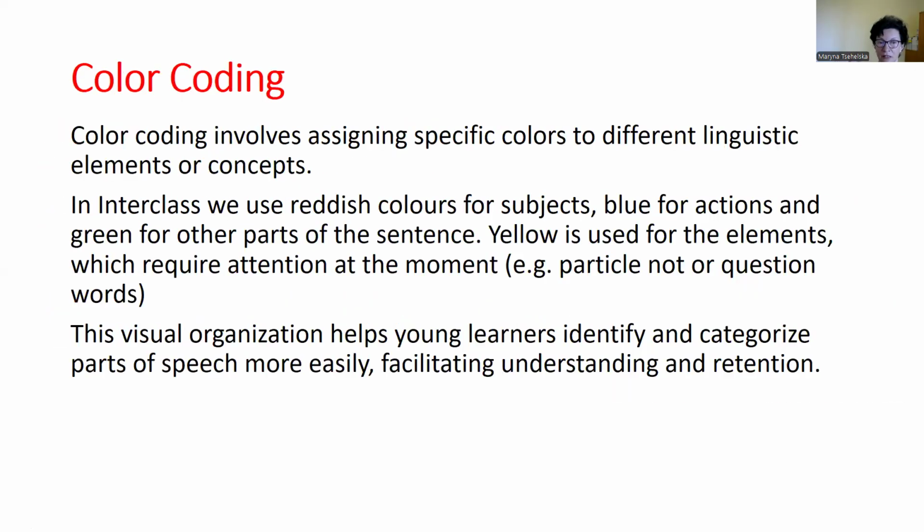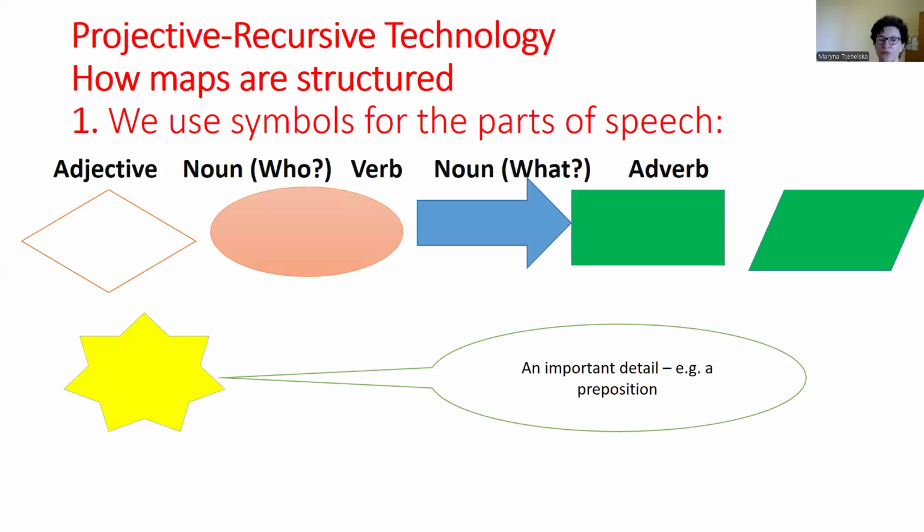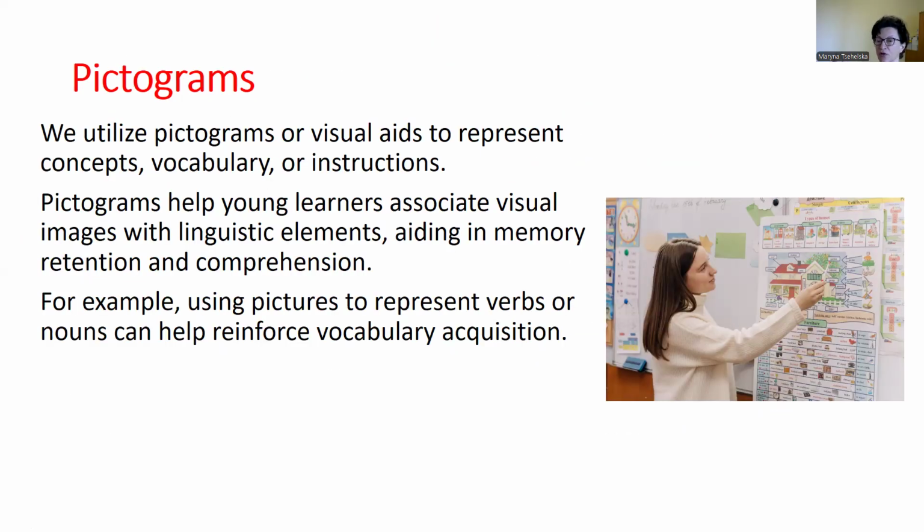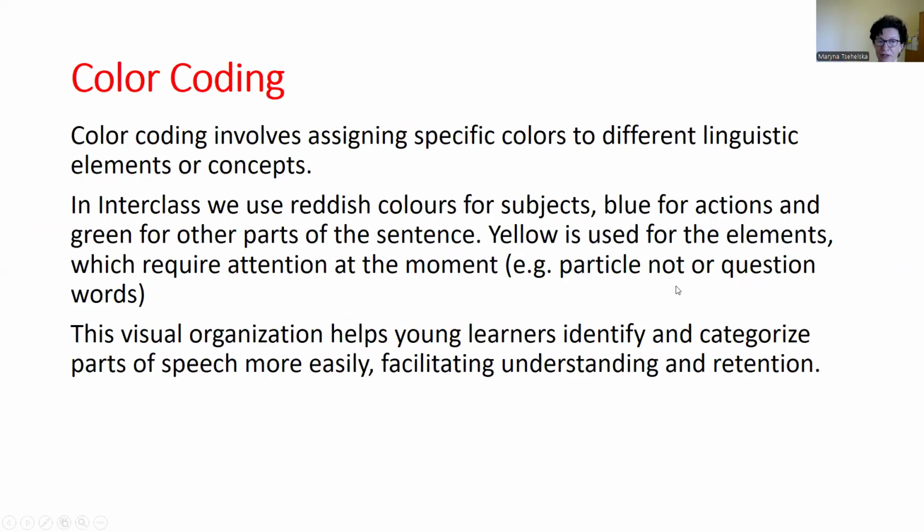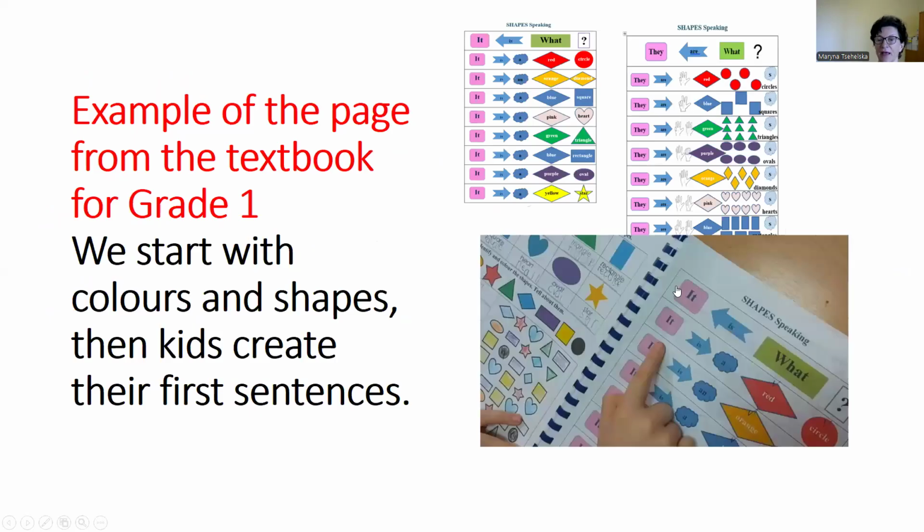We use color coding for different parts of speech, and also for coding different topics. Let's look at how we start. This is the very first projective recursive map.